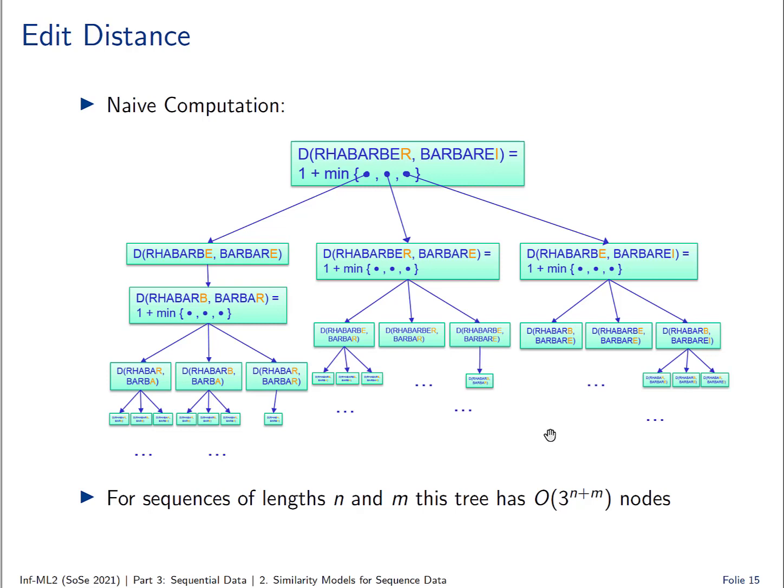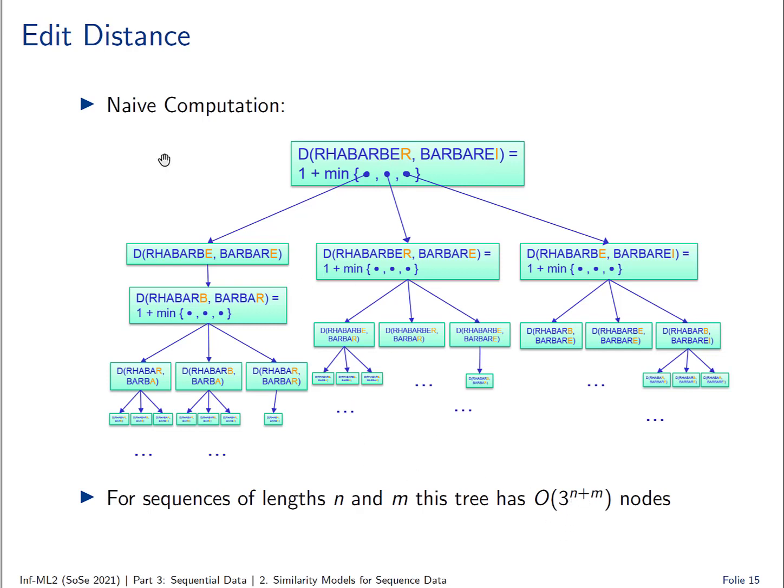So the worst case is that in each recursive call we have 3 options. And how many recursive calls do we have? Well, for each element we have recursive calls. So this ends up in this kind of search tree here, which has a height of 3 to the power of n plus m.